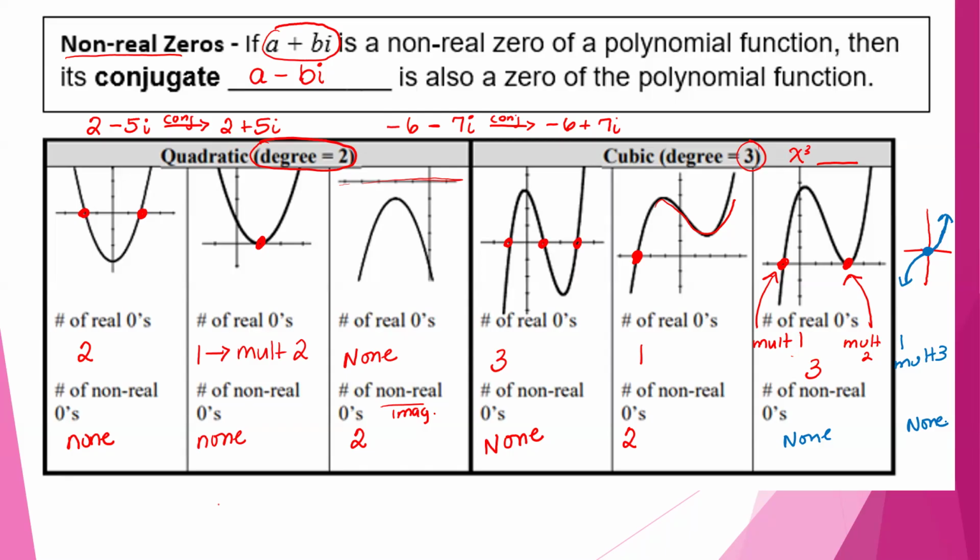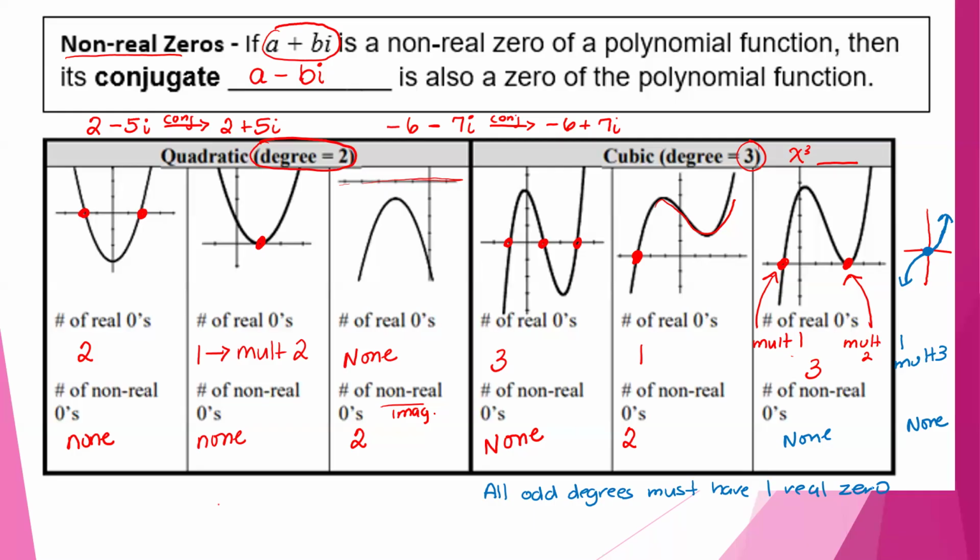So all odd degrees must have 1 real zero. That should just make sense, because if the imaginary ones come in pairs, to get an odd number, you have to have 1 left over.